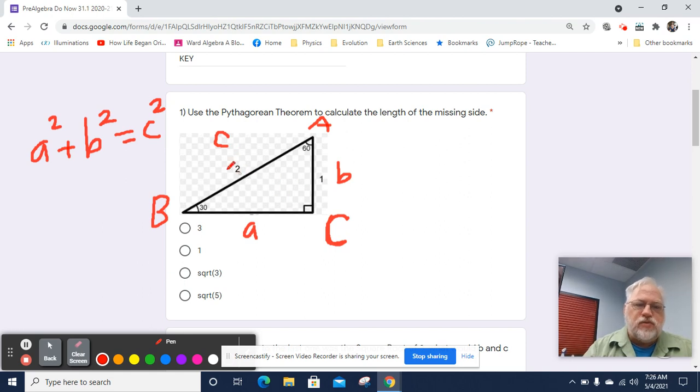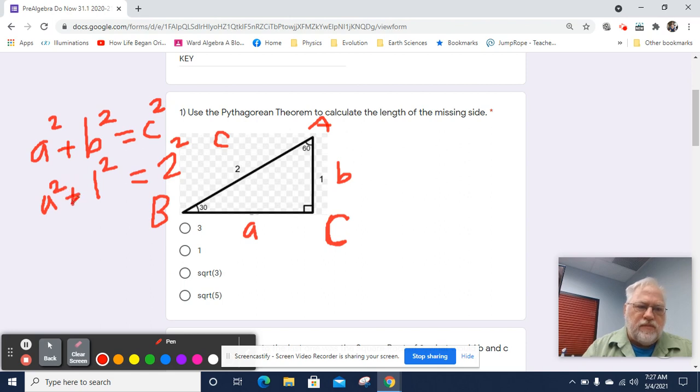So what we need to do is replace the letters with the numbers that are associated with them. So B is going to be 1, so that's 1 squared, and C is going to be 2, so that's 2 squared, and that will equal, plus A squared.